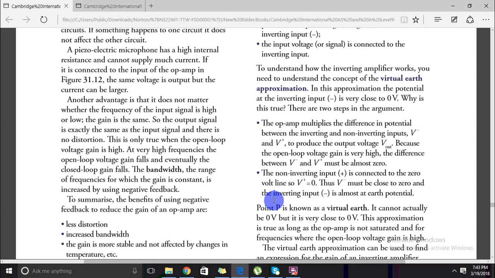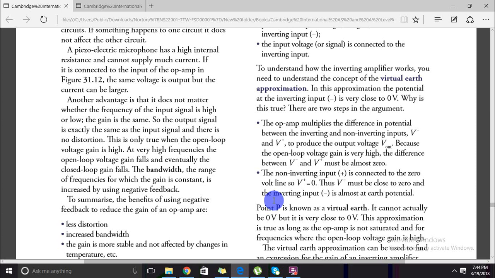What else is the advantage? The frequency of the input signal does not affect the gain. We do know the concept of bandwidth because op-amps tend to have a finite bandwidth, that is a small range of frequencies whose amplitude will be amplified by the same amount, and for the rest of them the amplification won't be equal, so the signal would be distorted, won't be reproduced exactly.